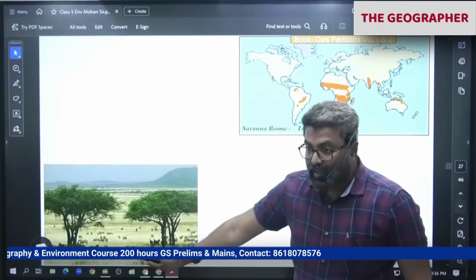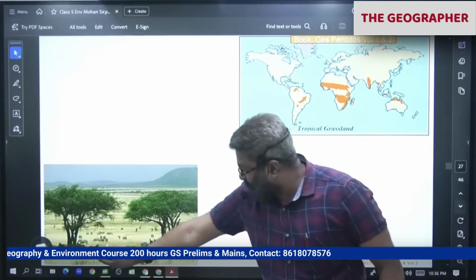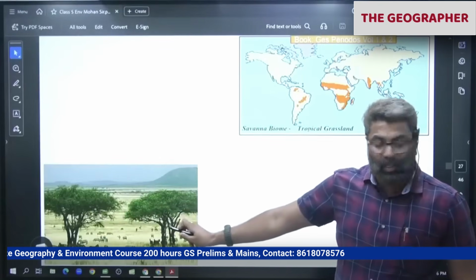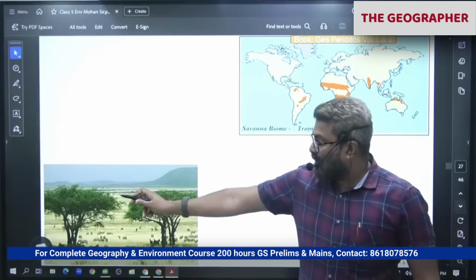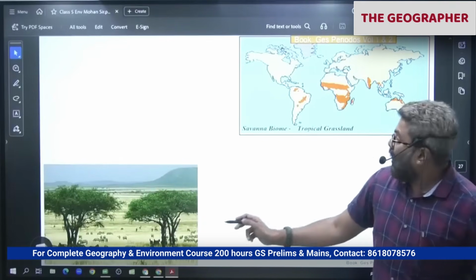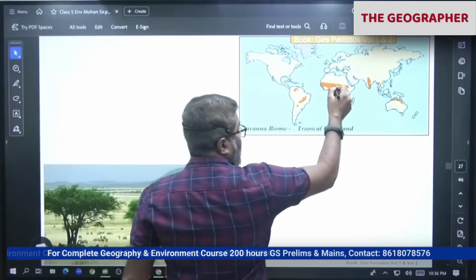This is how it looks: vast areas of grasses with only a few scattered trees. You can see the acacia plant here. Otherwise only coarse grass. This is what we call savanna.